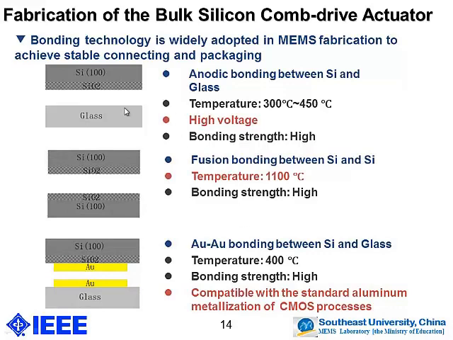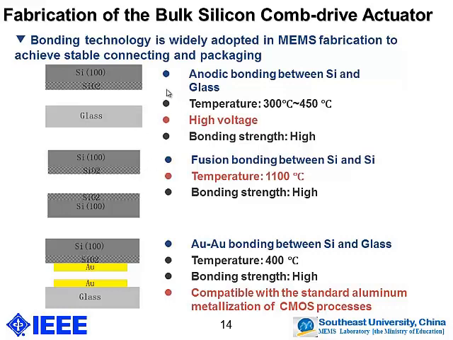First is the anodic bonding technology. It was used to bond silicon and glass. This bonding process needs a higher voltage, which will damage the CMOS IC.